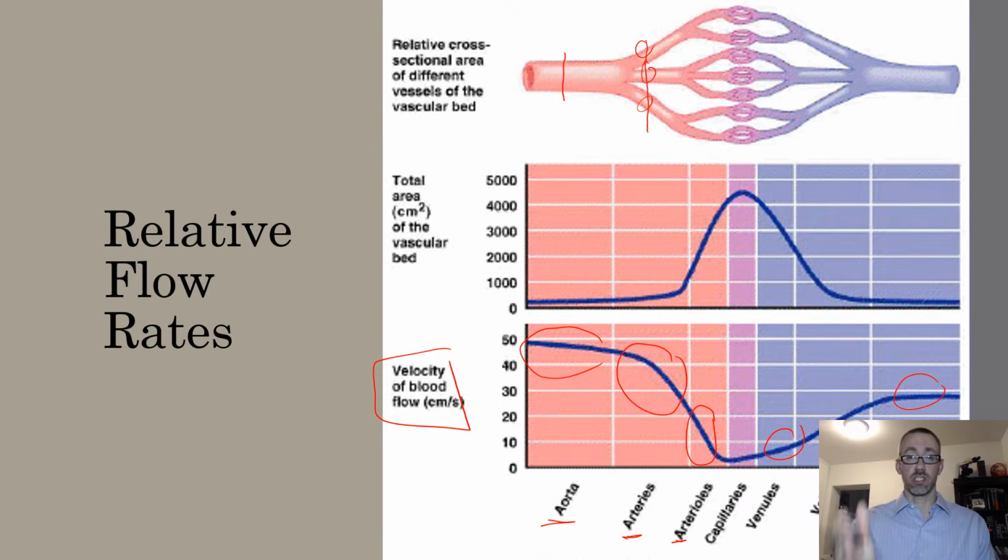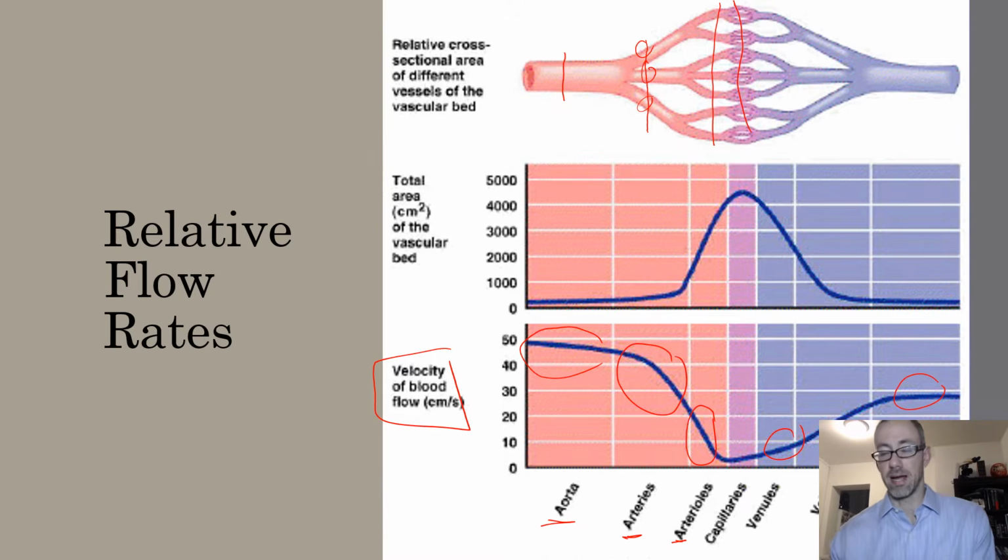And that cross-sectional area would be greater than the aorta's. As I go further along, more and more branches create more and more parallel circuits. If I add up all those cross-sectional areas of all the individual arteries and arterioles, the cross-sectional area becomes greater and greater, until we reach the capillaries, where the cross-sectional area is the greatest.